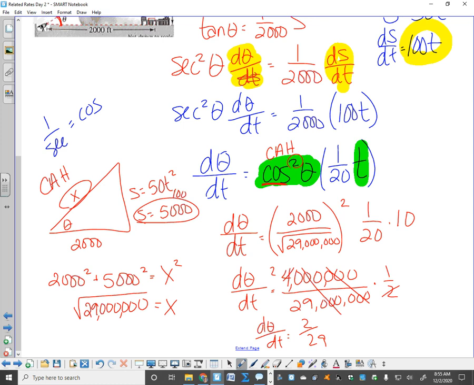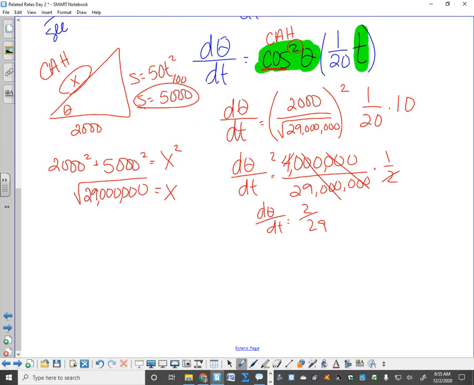Now this is theta. So this is an angle. So this is radians per, I think it's seconds. That is a great deep end of the pool problem. So might be worth pausing, going back and just watching that problem again without having to write it down, and just kind of marinate on it a little bit, let it soak in.